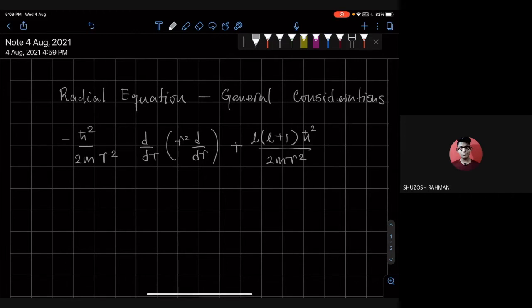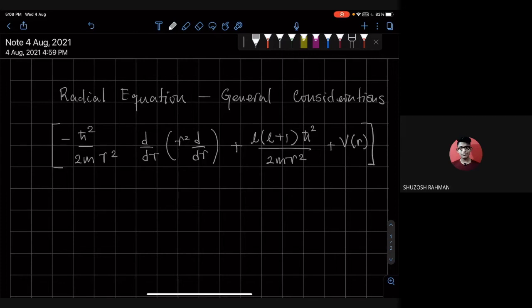And then we have a potential energy term, which is V of r, and this is just a function of r, the modulus of the radial vector. So this is a differential operator, all of this.